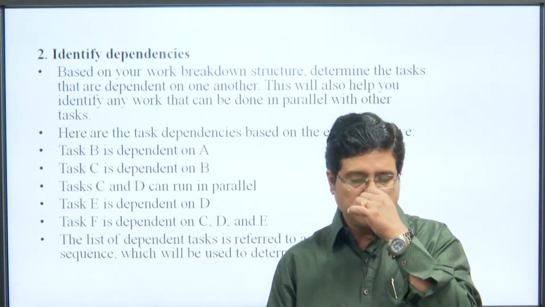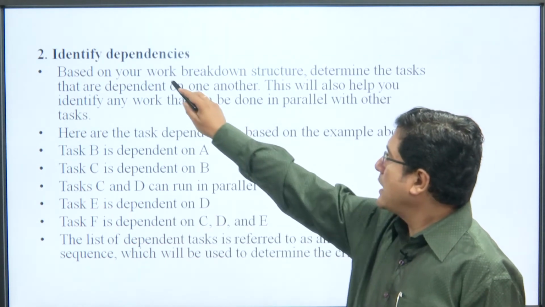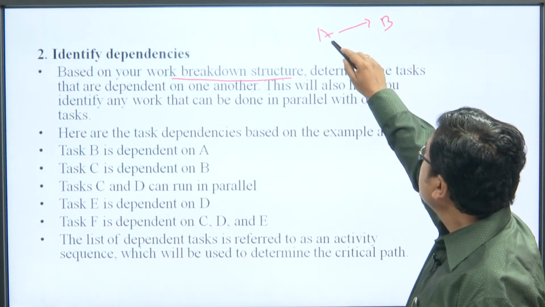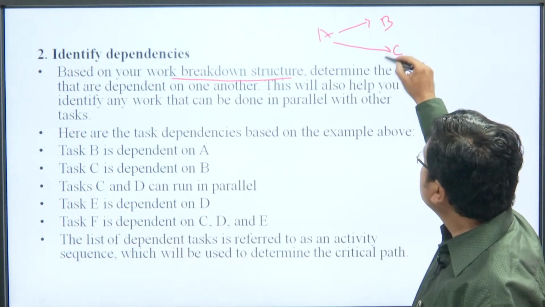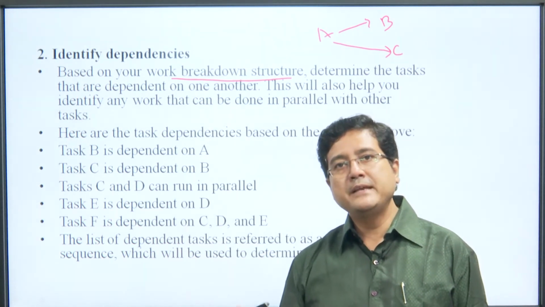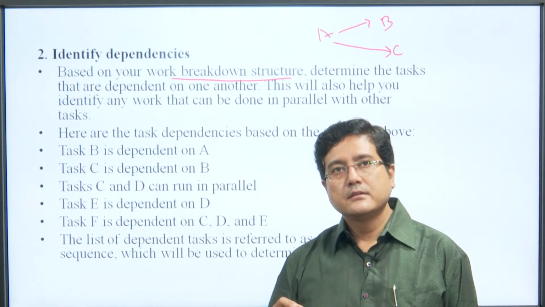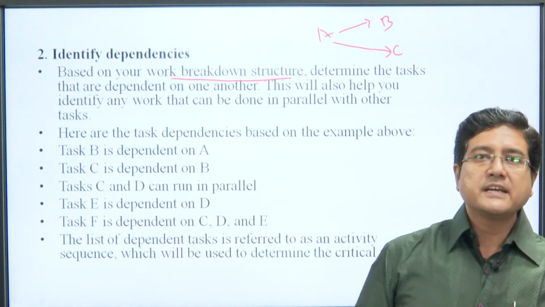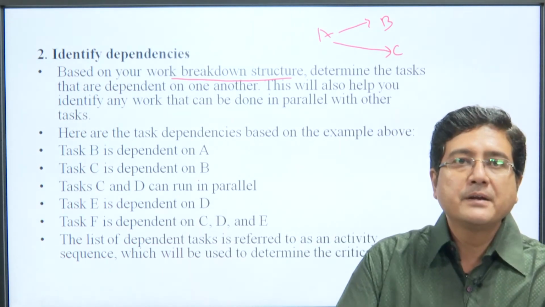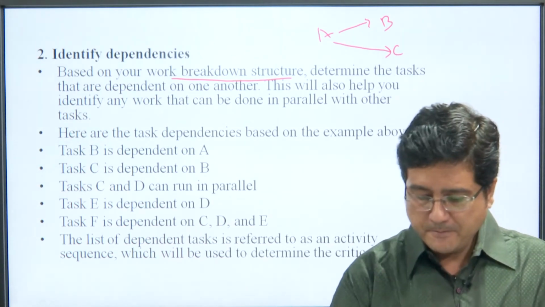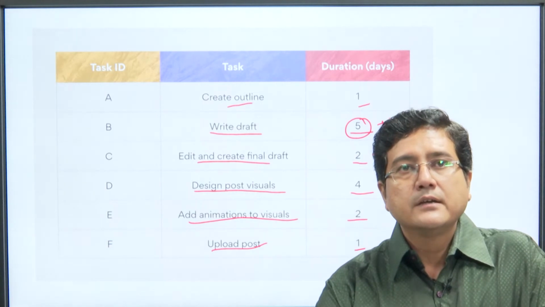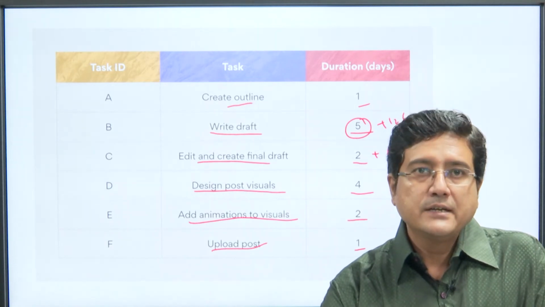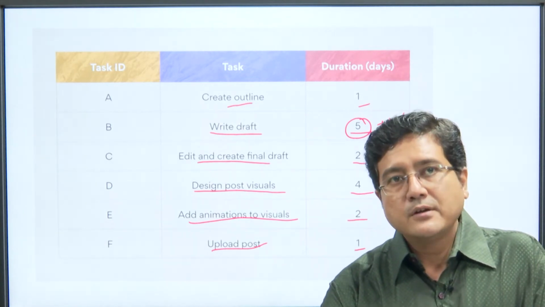According to the breakdown structure, B is dependent on A, and both B and C can run in parallel. Here is the task dependency based on the example: B depends on A, C depends on B, D depends on C, E depends on D, and F depends on E.